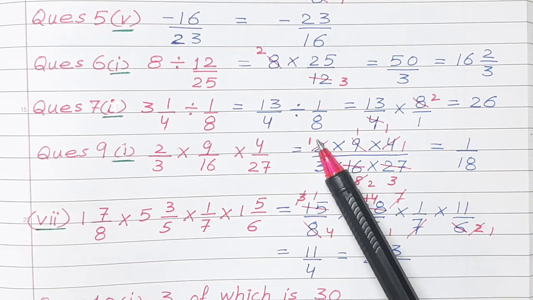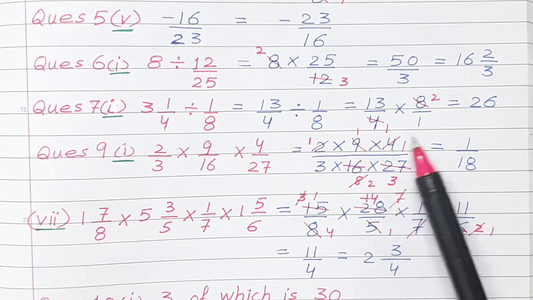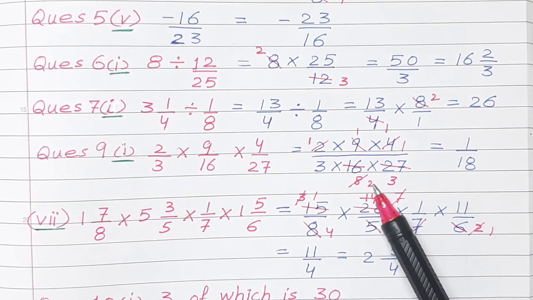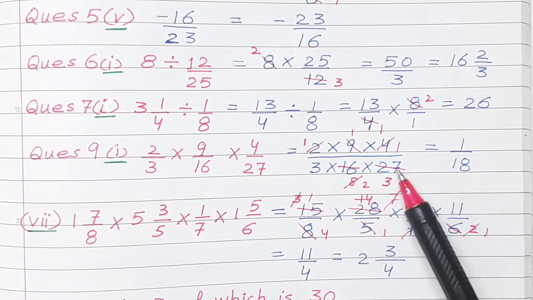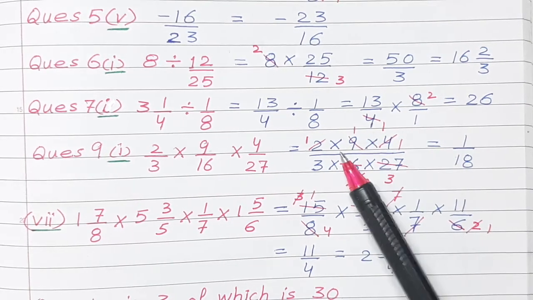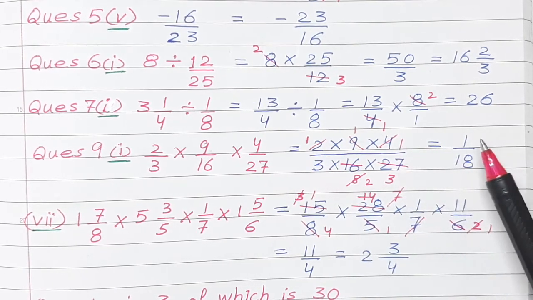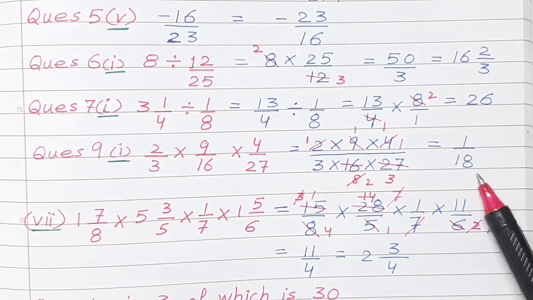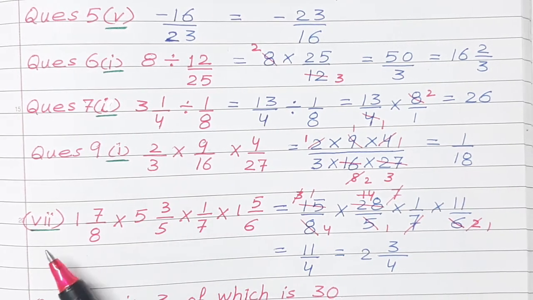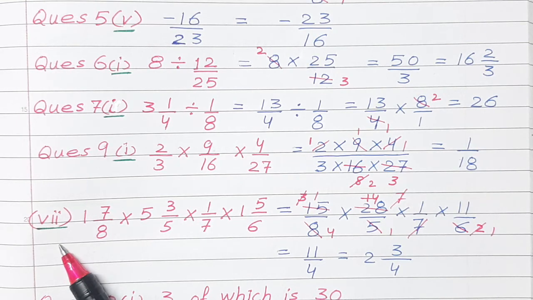Here 2 ones are 2, then 2 8s are 16, 4 ones are 4, 4 2s are 8. Right? 9 ones are 9, 9 3s are 27. So after simplification, the answer is 1 upon 18. Right?